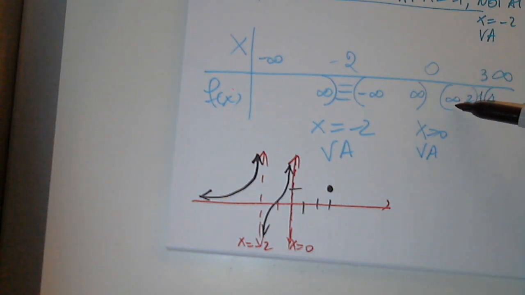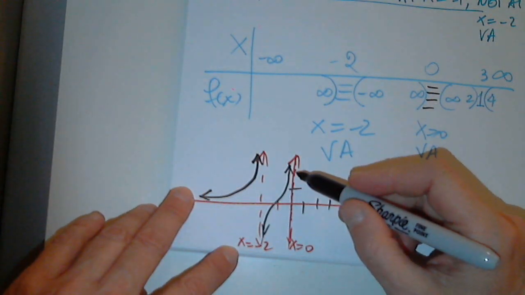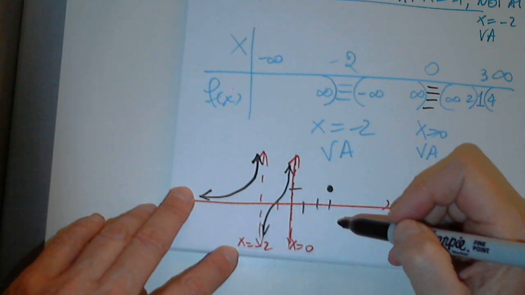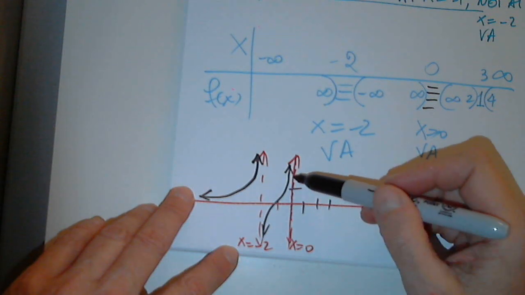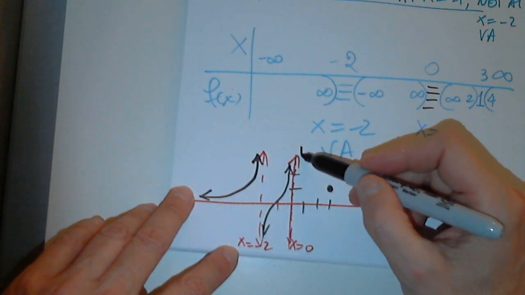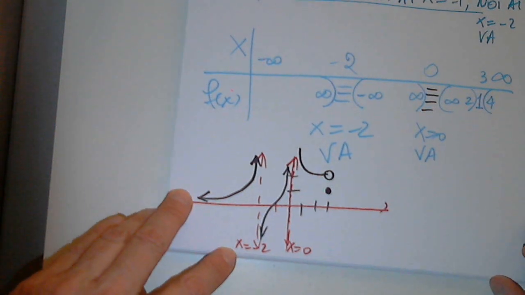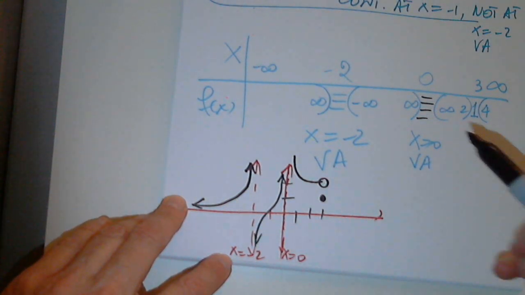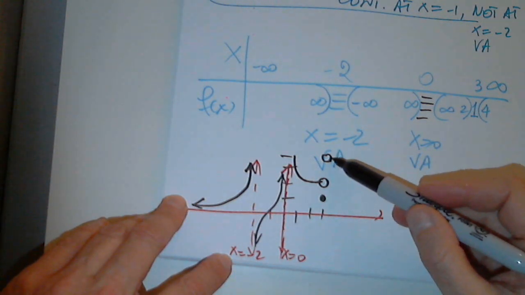On the right-hand side of 0, it's coming from infinity and going to (3, 2). So it's coming from +infinity to (3, 2), and then 4. And then I can do whatever I want.